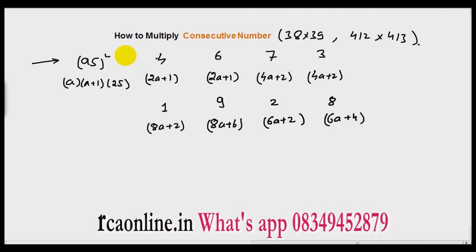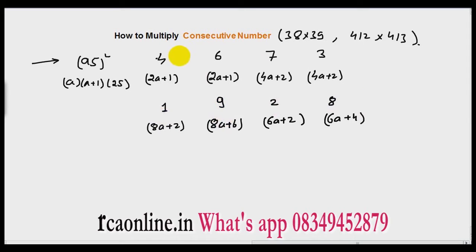Many people face difficulty remembering these numbers. I will give you a trick to remember them so that you can easily find the square. And what is the trick? It is very simple. It works for 4, 6, 7, 3 and a little bit on 1, 9, 2, 8.